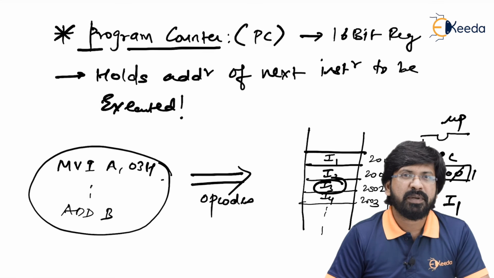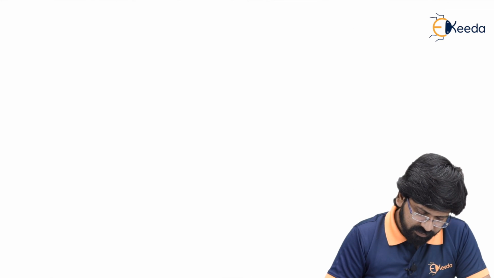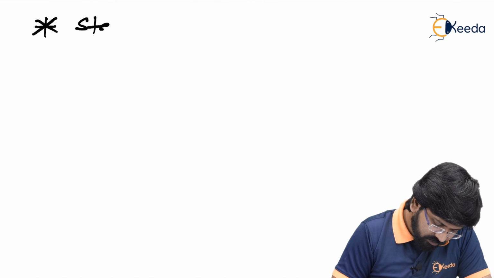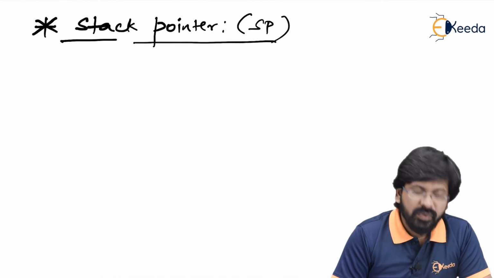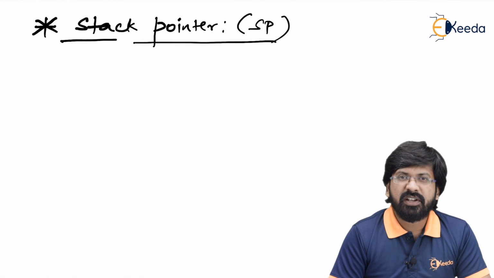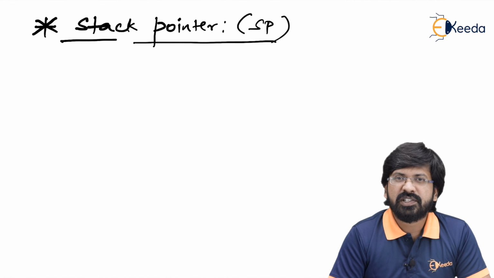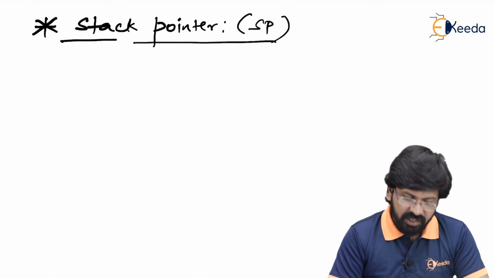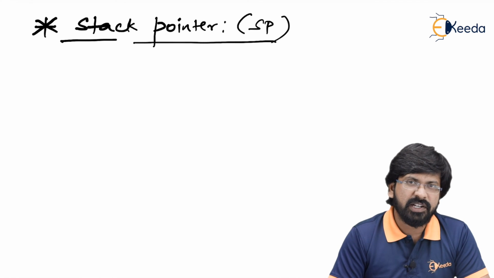Let us understand what is meant by stack pointer. The stack pointer is also a 16-bit register like the program counter, made up of two 8-bit registers, SPL and SPH. SPL stands for stack pointer lower byte, SPH stands for stack pointer higher byte, but collectively it is just known as SP, that is, stack pointer.